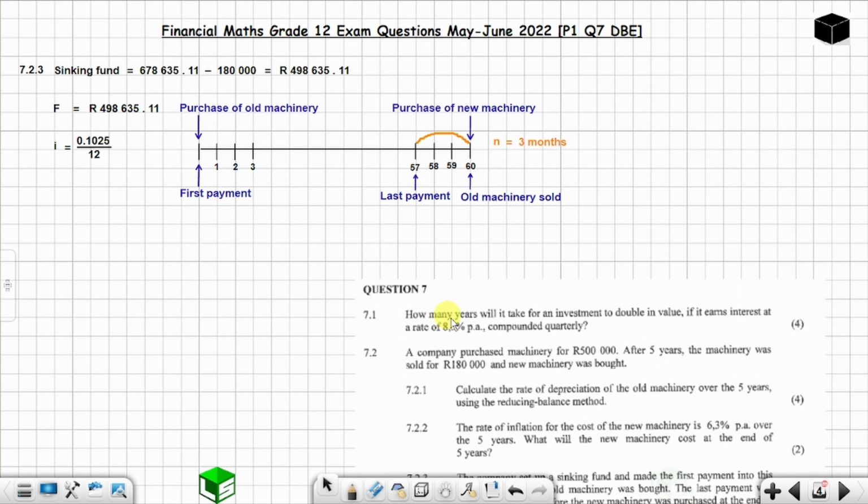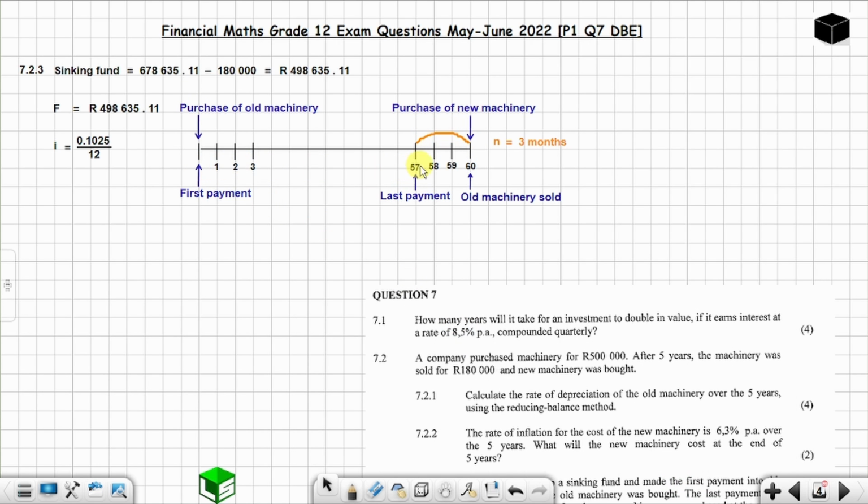Okay, let's carry on. Now, the number of payments. You don't have 57. You have the first payment, which is not made the normal way. The normal way, when you're using future value formula and present value formula, payments are made after 1 month. But in this situation, the first payment was made the same day.